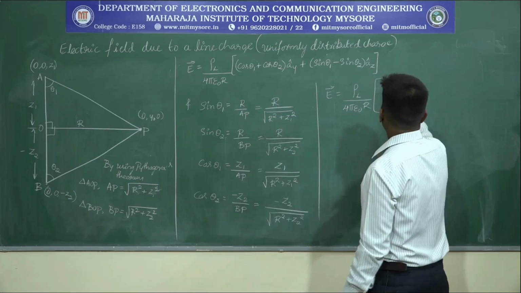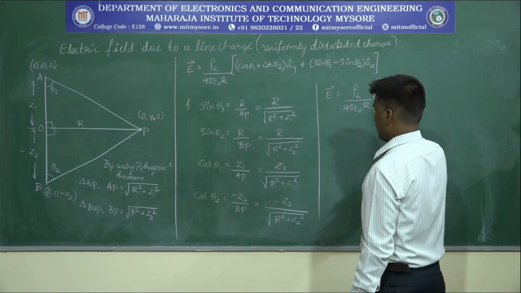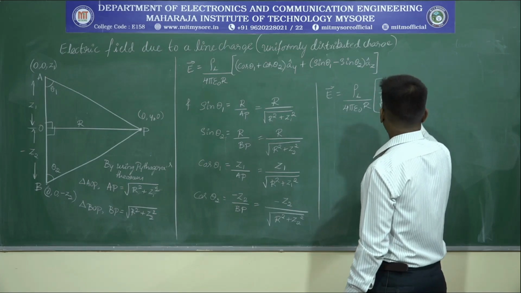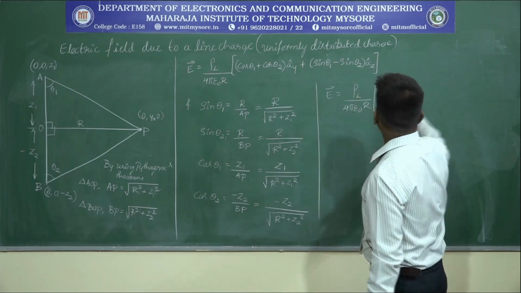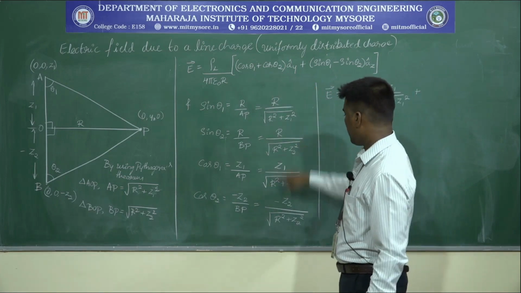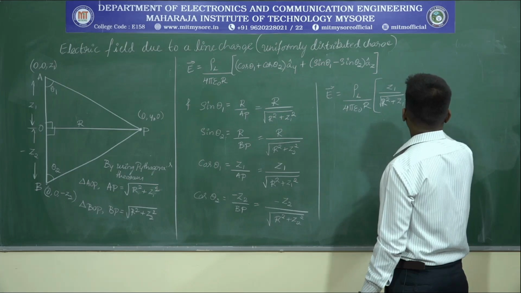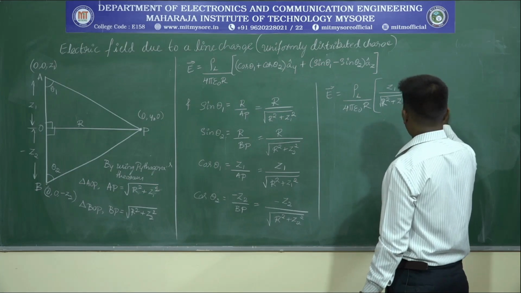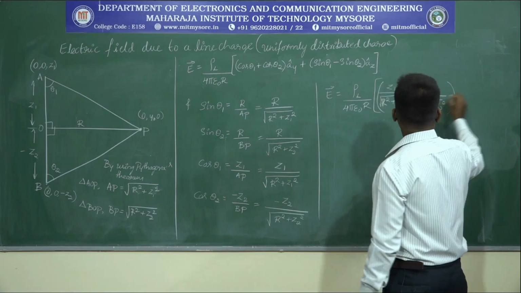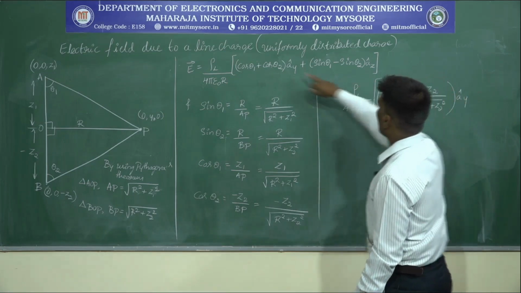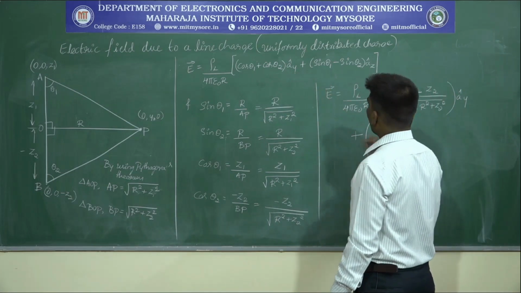Cos theta 1 is z1 divided by square root of r square plus z1 square, plus cos theta 2, which is minus z2 divided by square root of r square plus z2 square, into a cap y, plus, this plus comes here, into sin theta 1.